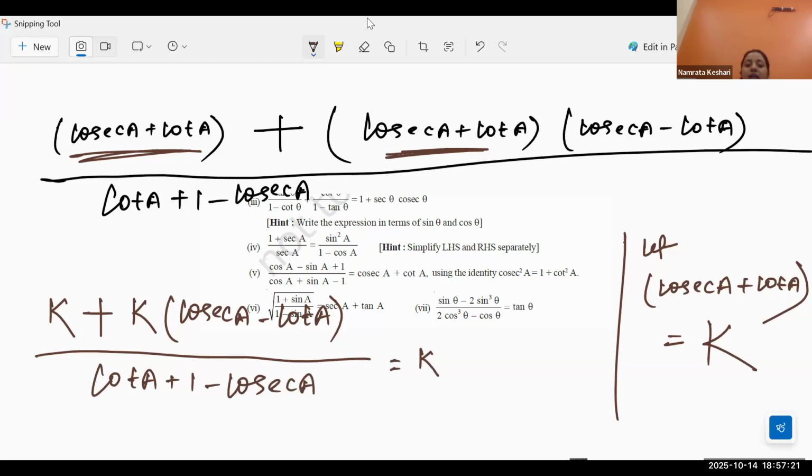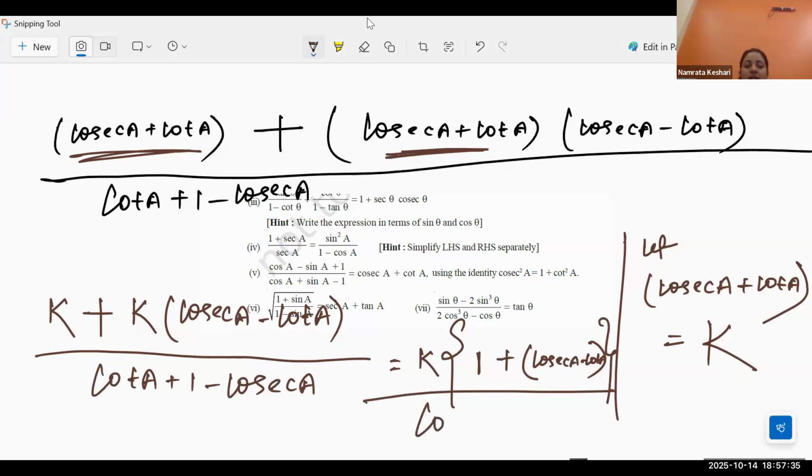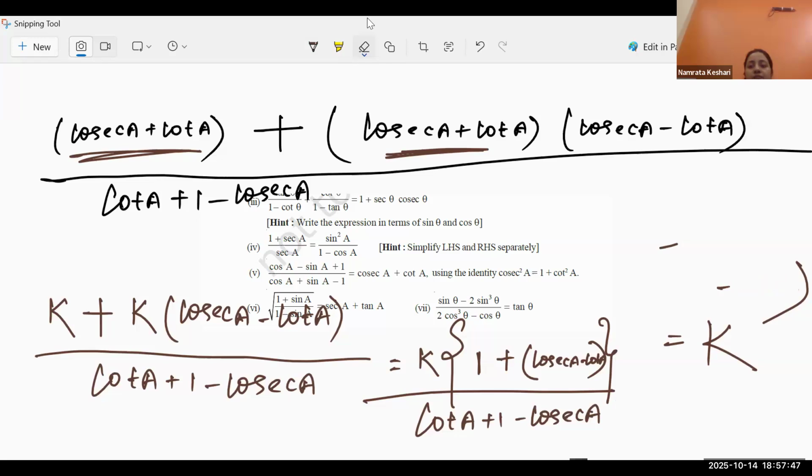The moment you take k as a common factor in the numerator, you will end up having 1 plus the bracket. In the bracket, you had cosec A minus cot A. And the denominator you are still keeping as it is, that is cot A plus 1 minus cosec A. Now, when you simplify the curly bracket part, just keep k as it is.